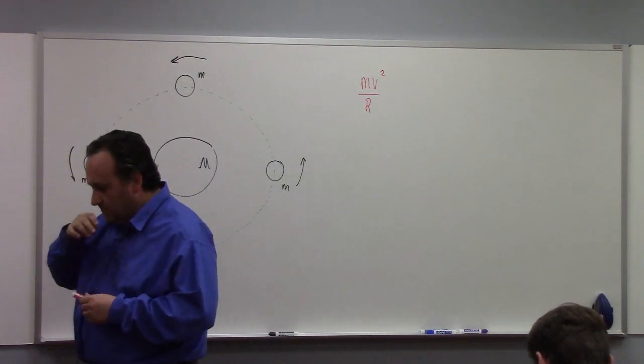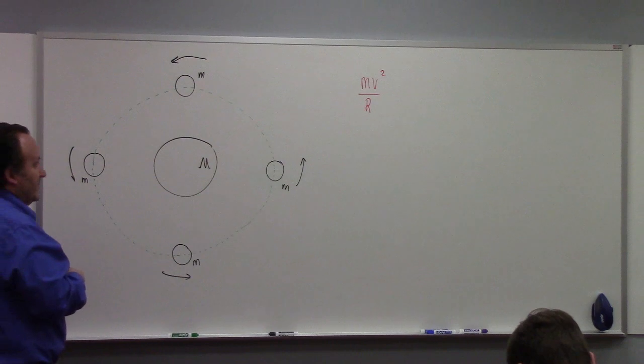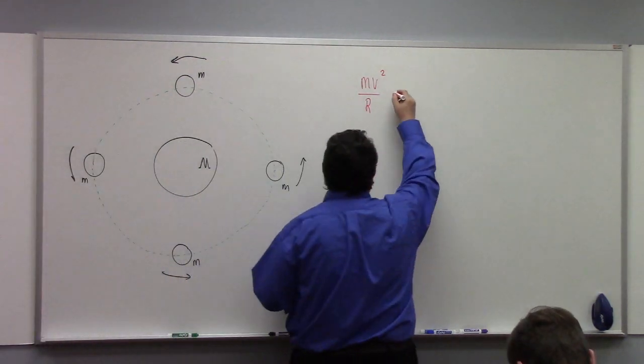That is the net force on that, because it's going in a circle, right? And I'm assuming that it's constant speed, because this is some stable orbit. So constant speed, and that should be equal to the net force.